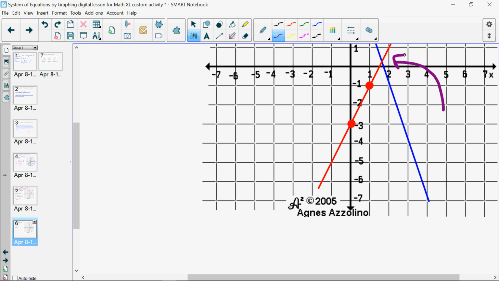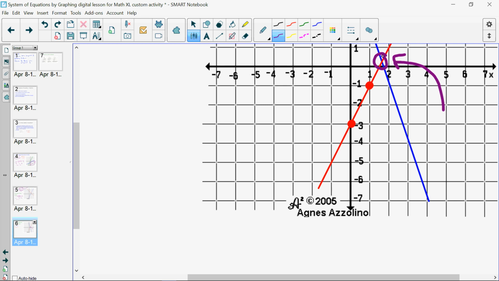It's almost on the x-axis, which means y is almost 0, but it's not. It's slightly above the x-axis, and it's in between the 1 and the 2 on the x-axis. Anyway, you see that it's not exactly through the corners.